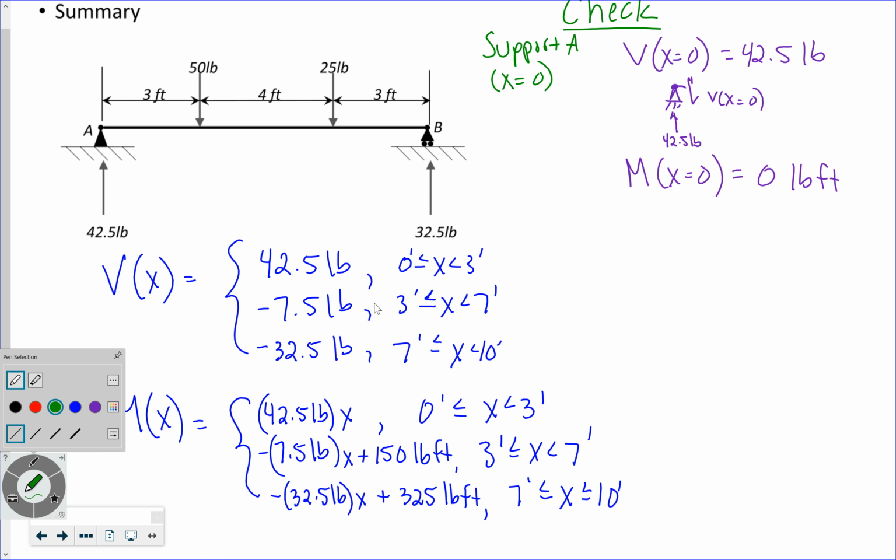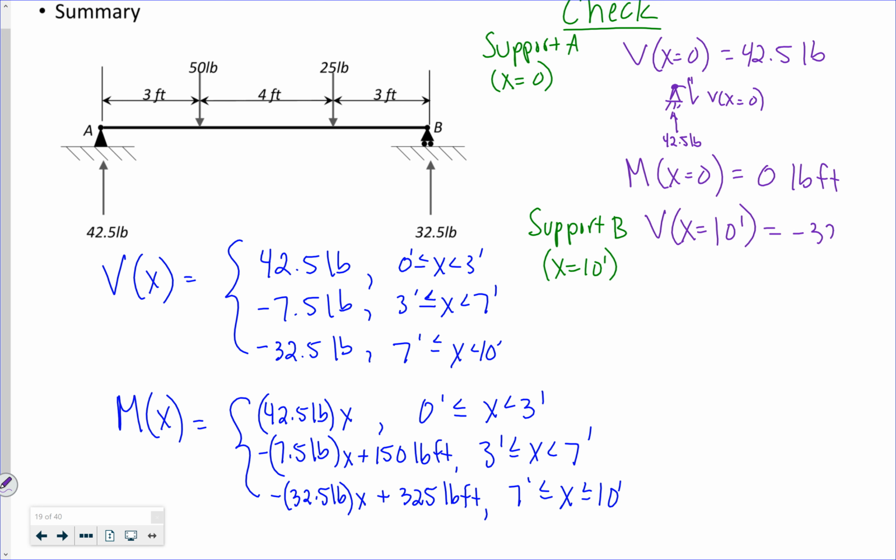Same thing, let's look at my support on the other side. Support B, that's where x is equal to 10 feet. My shear at x equal to 10 feet is minus 32.5 pounds.